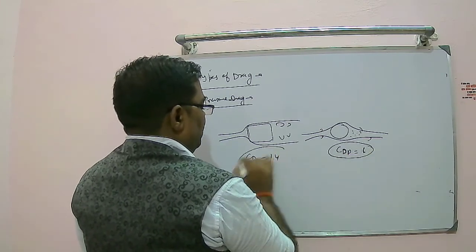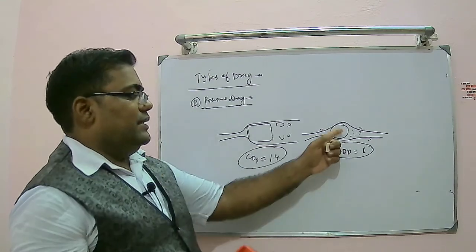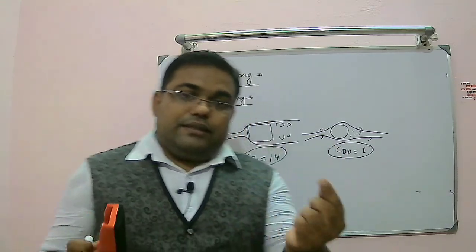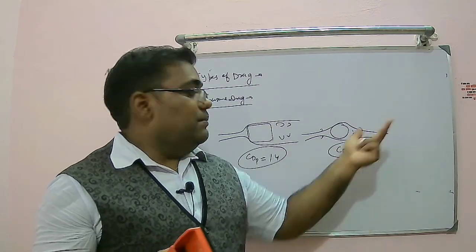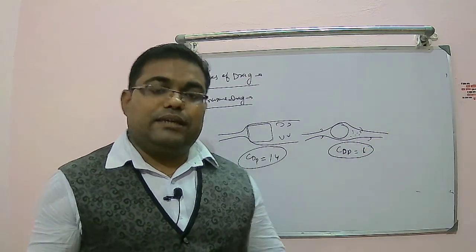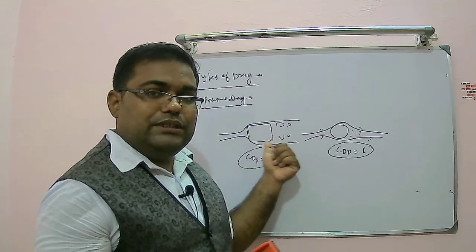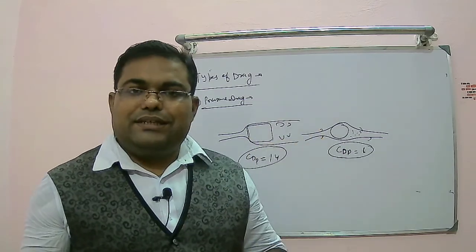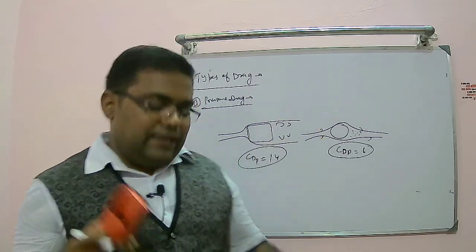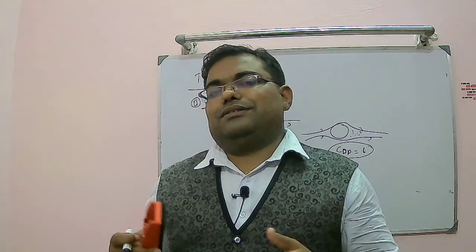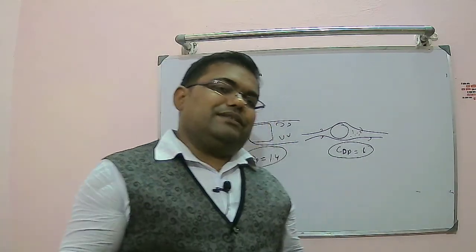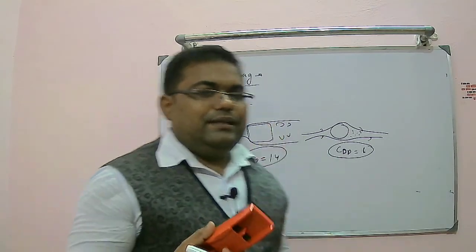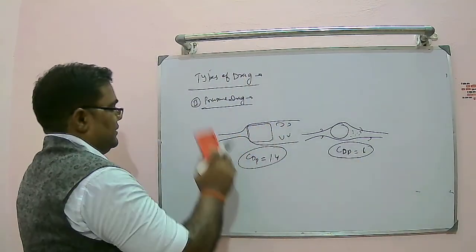So look at the coefficient of pressure drag. In the case of circular cylinder, just 1. So compared to this shape, rectangular shape or square shape, pressure drag will be less in the case of circular cylinder because this is slightly streamlined compared to this. There are no sharp corners present. So we have to avoid the sharp corners so that flow should adjust very smoothly over the surface. So if there is more flow obstruction, more will be the pressure drag, right. This is the second case.